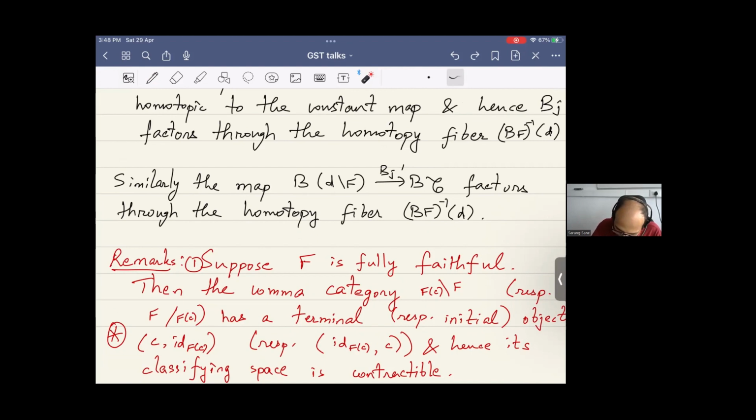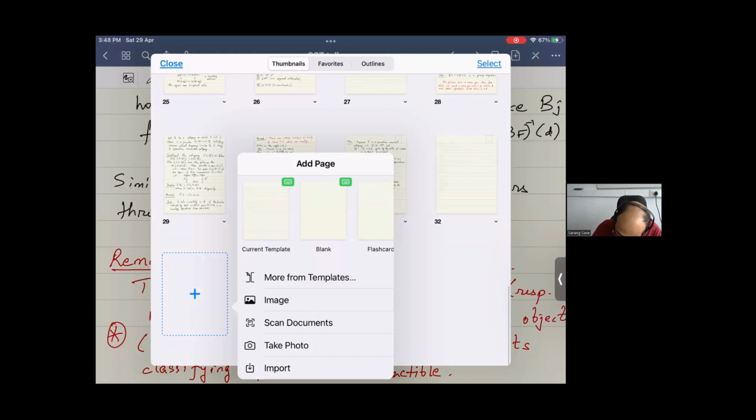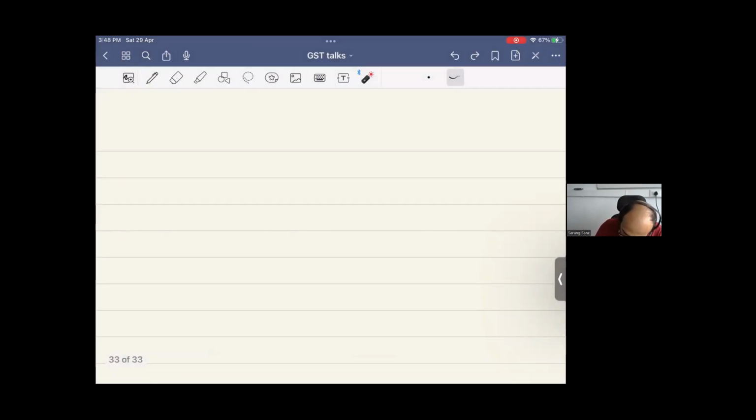So what I'm saying is, what are the objects of this? The objects of this were pairs of the form, since I've used c here, c prime comma f.